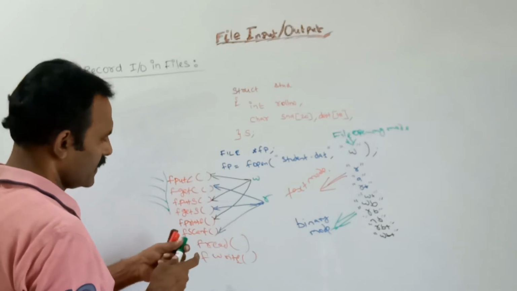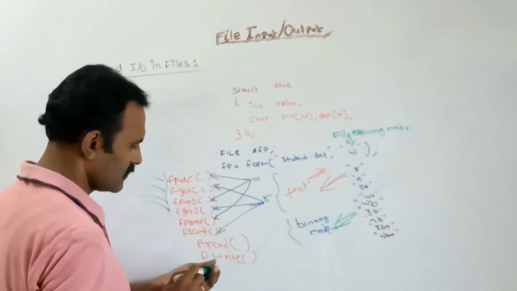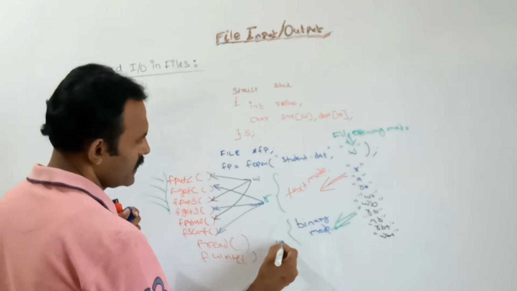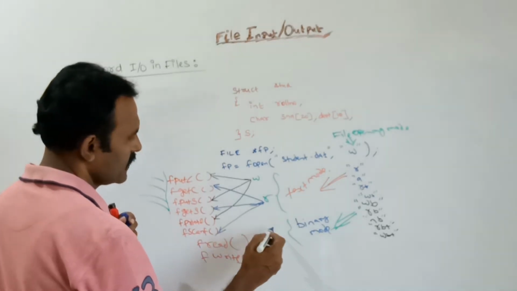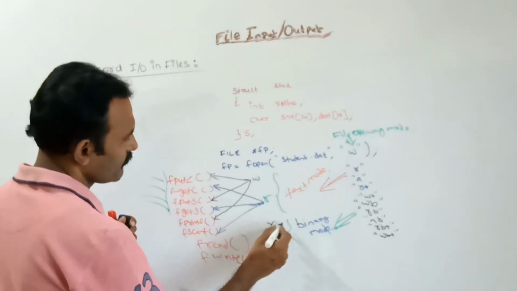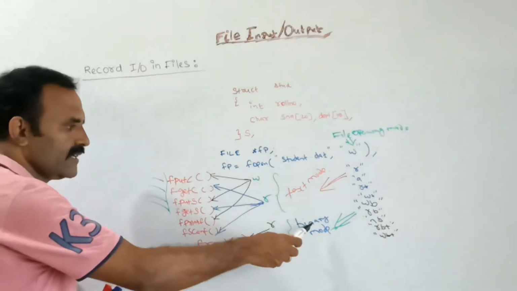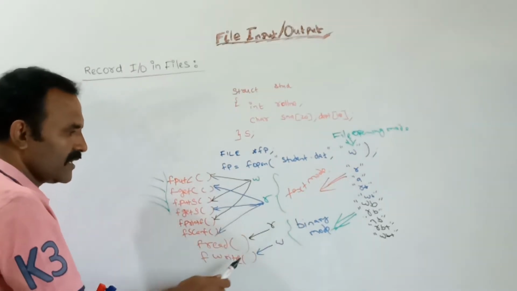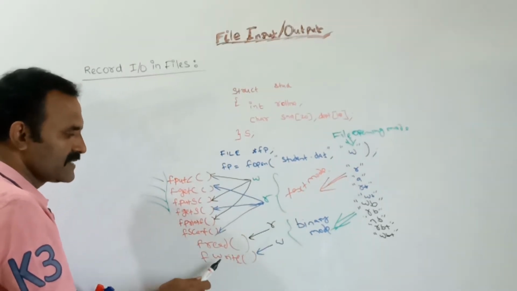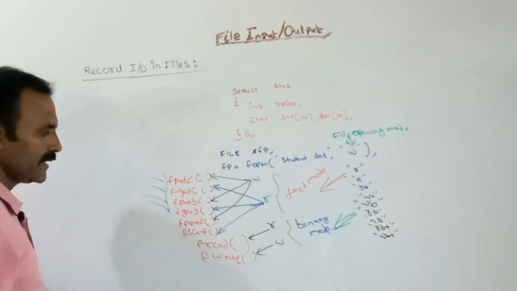So there is text mode and binary mode. For writing we can use fwrite, and for reading we can use the fread function. By the help of fread we can read binary mode files, and by the help of fwrite we can write content to a file in binary mode.